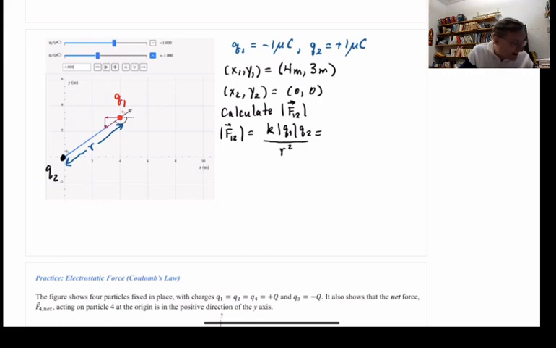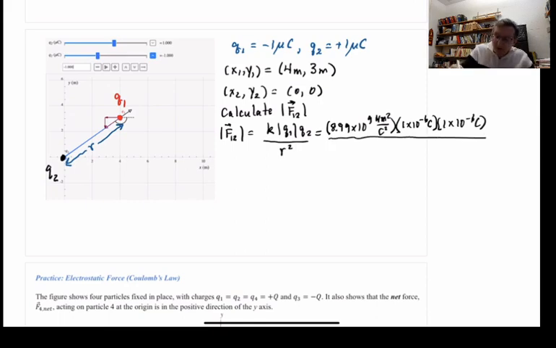We'll use the value of K, 8.99 times 10 to the 9 Newton meters squared over Coulomb squared. The absolute value of Q1, 1 times 10 to the -6 coulombs, right? Microcoulombs. Q2, 1 times 10 to the -6 coulombs over r squared. What is this distance right there squared?